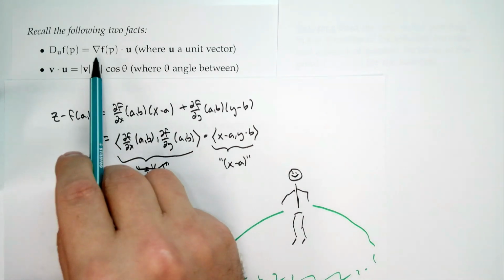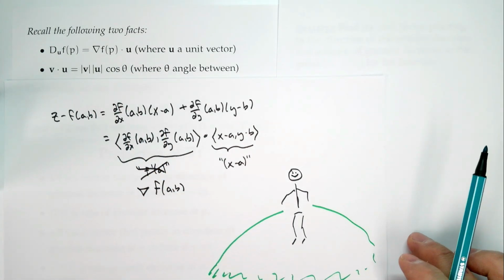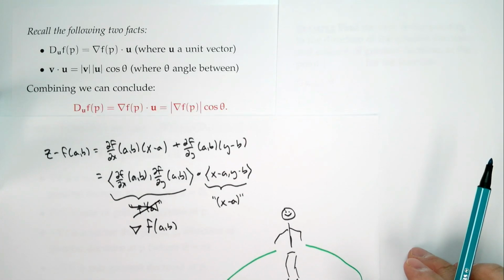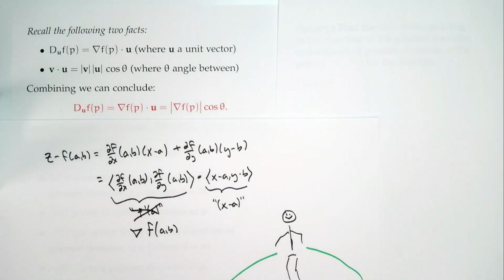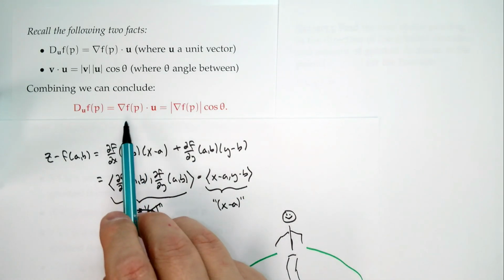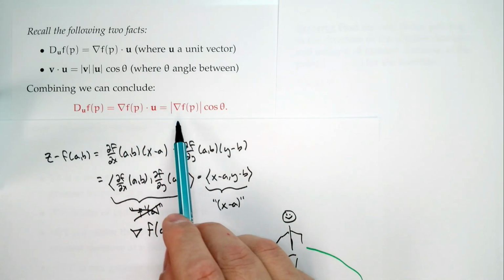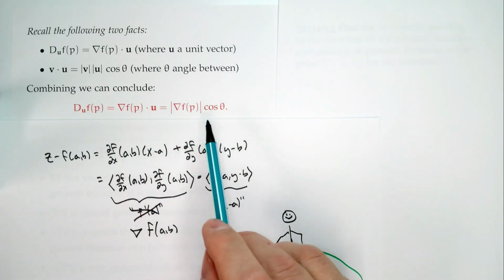Well, we can apply it to this directional derivative. And if we do that, we get the following: the directional derivative is, again, the gradient of f at p dot u. Well, that becomes the magnitude of the gradient of f of p times cosine theta.